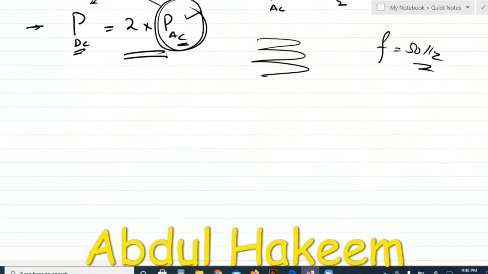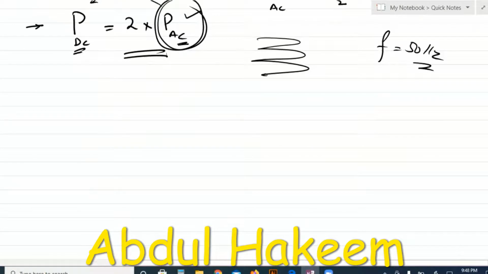Yes, the power of the DC is double that of AC, but the problem with the DC is it cannot be transmitted from one station to the other.